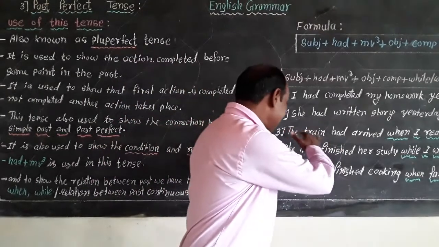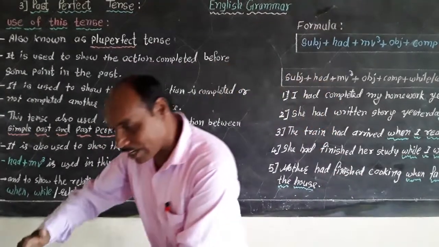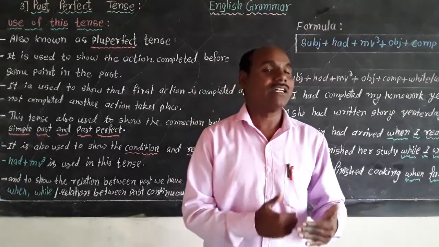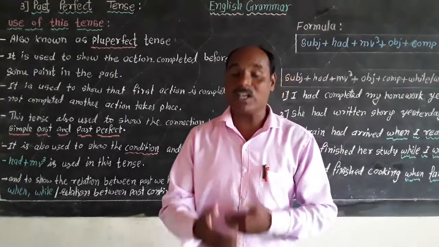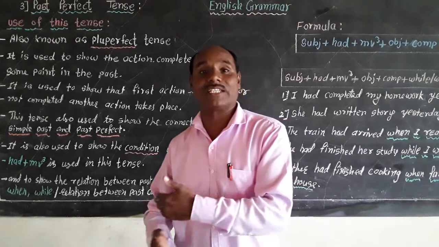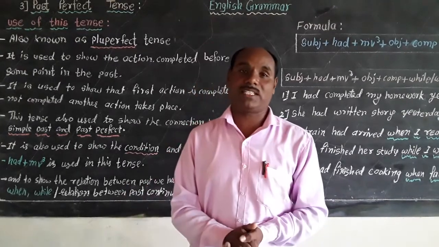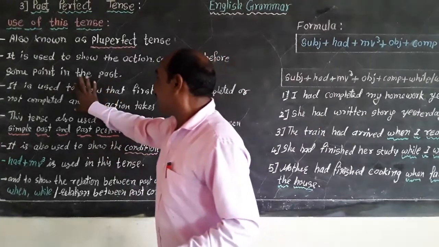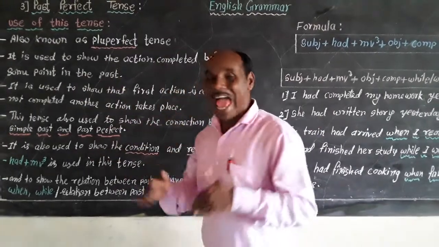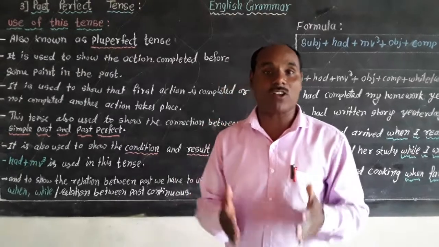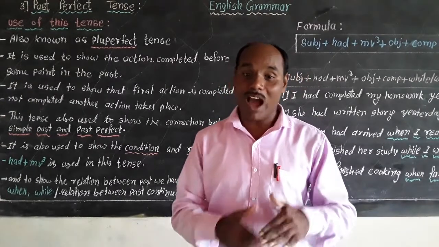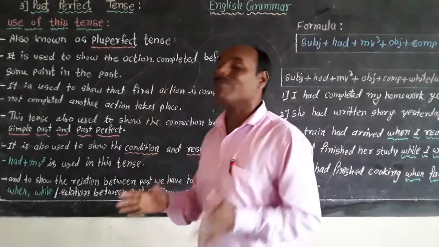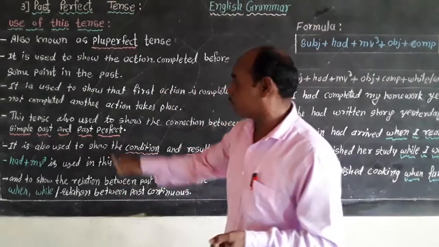It means the action of the train had completed or not completed, and the action of the person going to the station takes place. It indicates that the first action is completed or not completed, and another action takes place. This is the use of this tense, my dear friends.